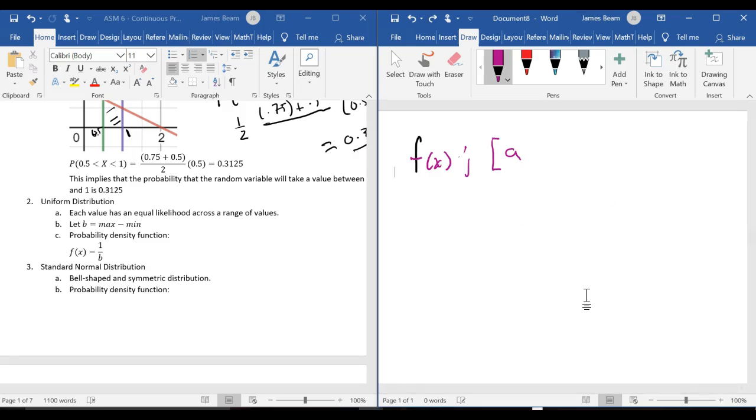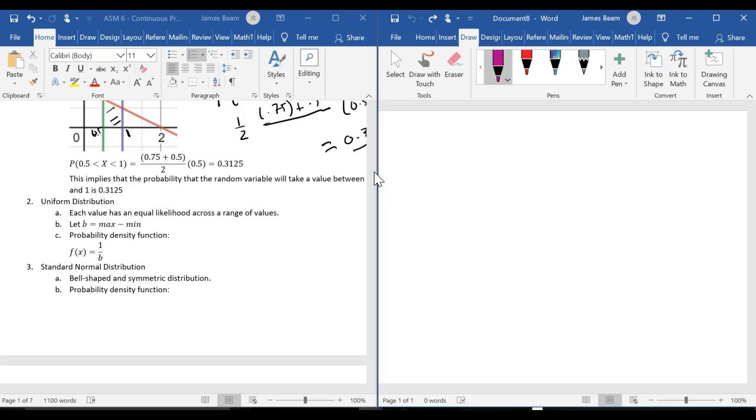All right, so it makes a small tie to calculus there. The basic easiest idea here is the uniform distribution, and this is where every interval of the same size has an equal probability of occurring.